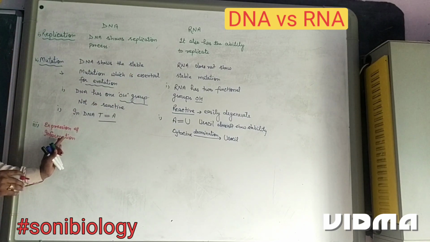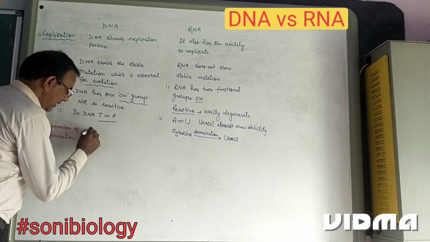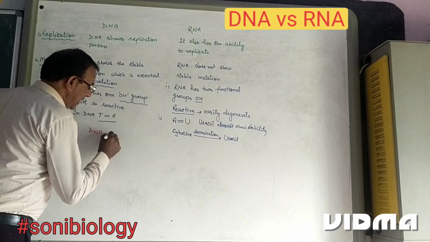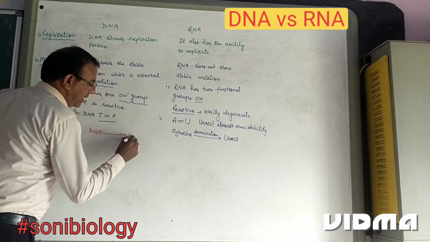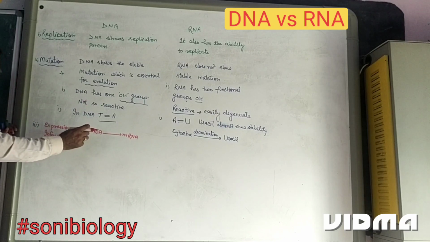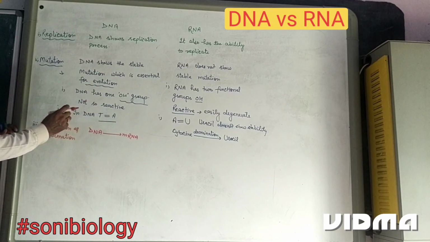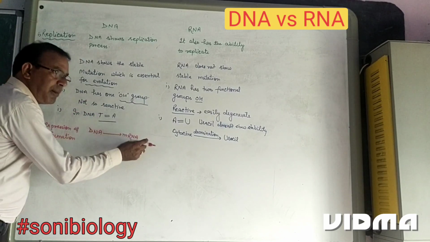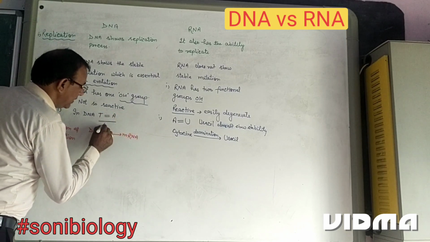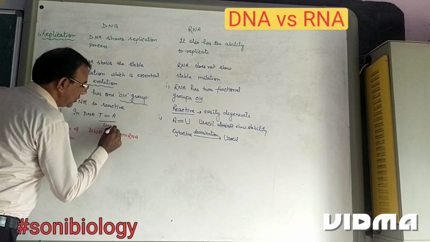As we have studied about central dogma, it means DNA is the genetic material. This DNA changes into mRNA. If the genetic material is DNA, the information is sent out from DNA to mRNA, and the process in which DNA changes into mRNA is called transcription.